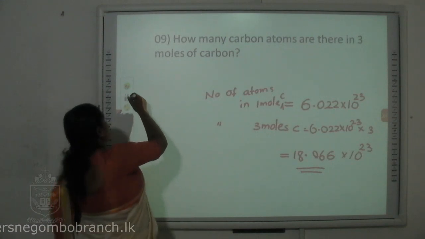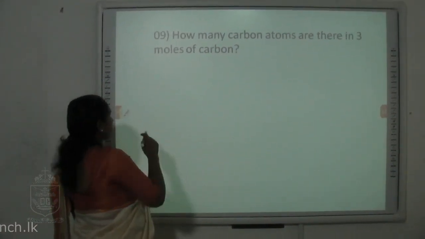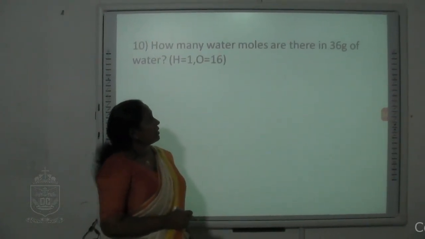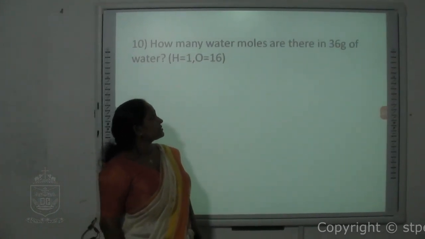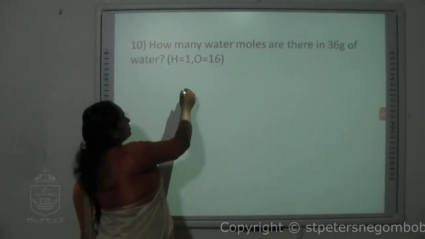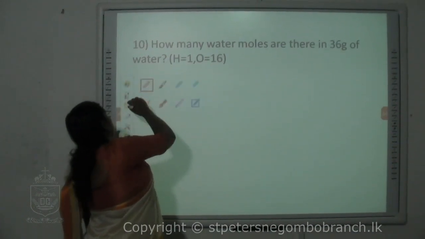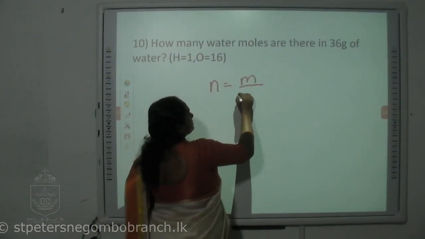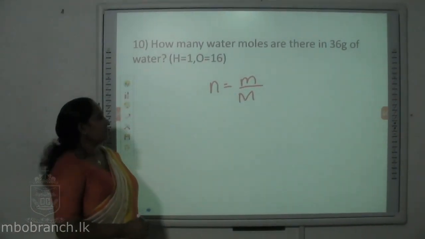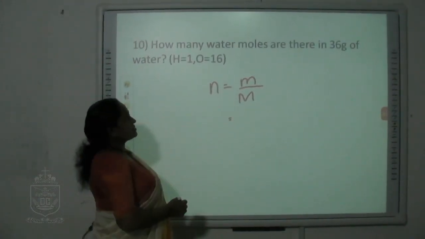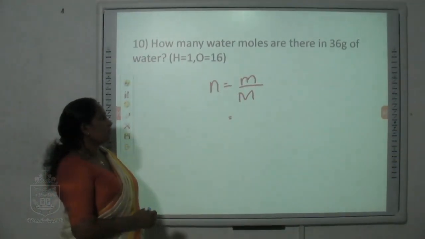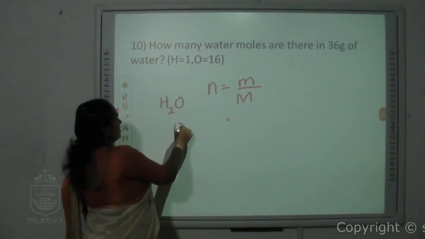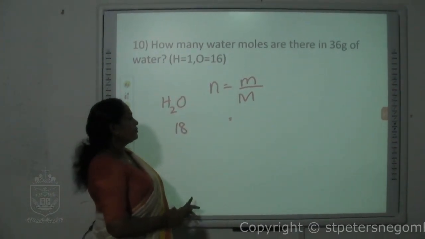Now the next question. How many moles are there in 36 grams of water? Again we have to write the equation n equals m divided by capital M. In one of the previous questions we found the molar mass of H2O, which is 18 grams per mole.